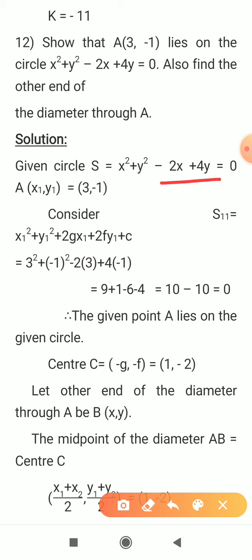So g is equal to minus 1, minus g is equal to 1, and minus f is equal to minus 2. Half of the x coefficient and change the sign, half of the y coefficient and change the sign. Here x coefficient is minus 2, so half is minus 1, change the sign, that is 1. Y coefficient is 4, half is 2, change the sign, minus 2. So (1, -2) is the center of the given circle.